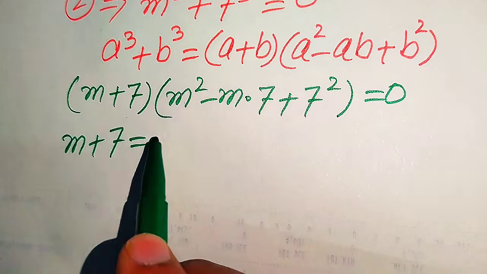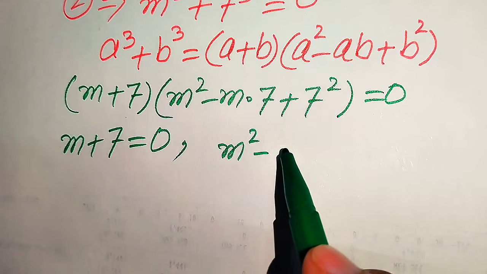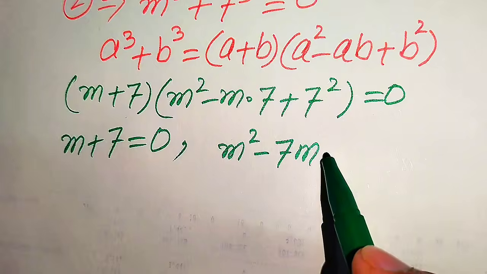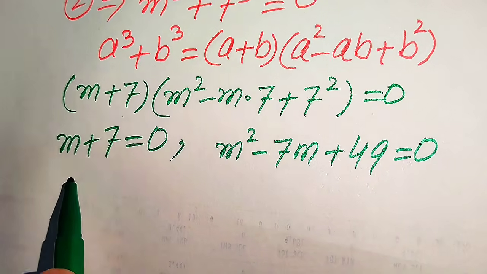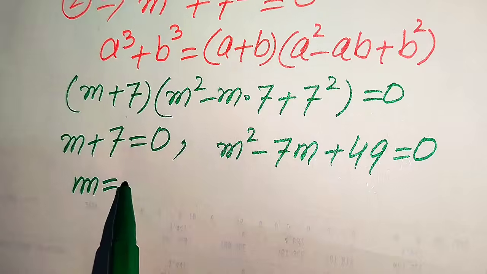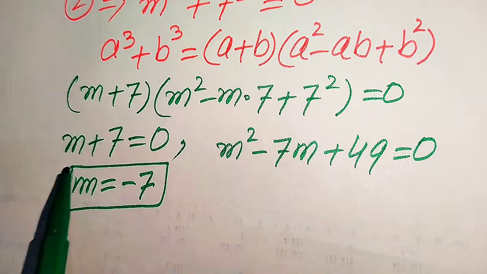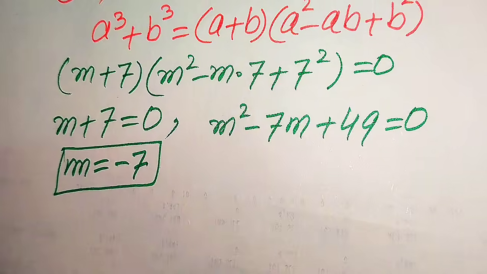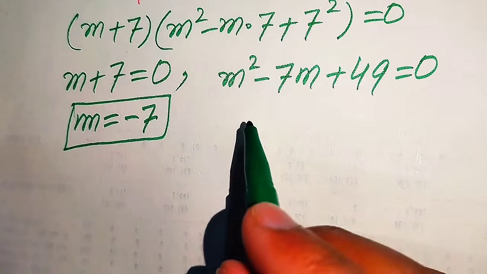The first case is we write m plus 7 equals 0, and the second case is we write m square minus 7m plus 49 equals 0. So from here we get the value of m is equal to minus 7. So this is the fourth root of the given equation, and from here we get the other roots of the given equation.